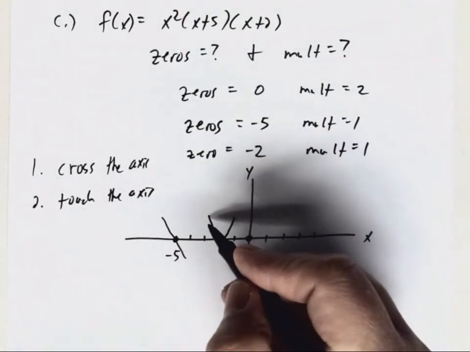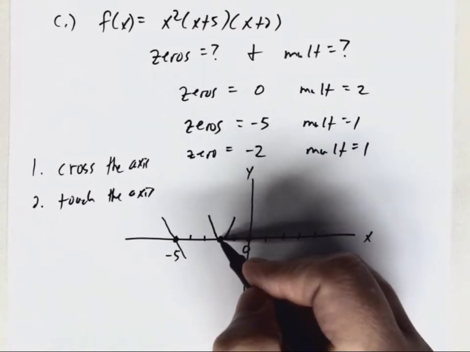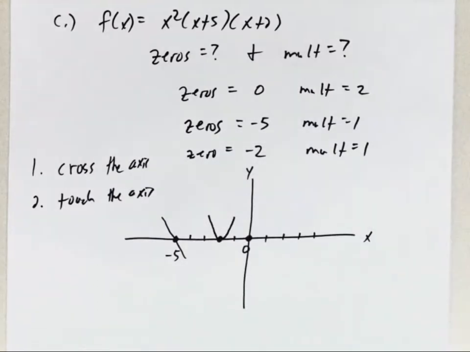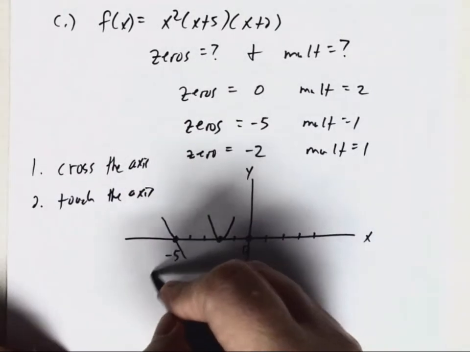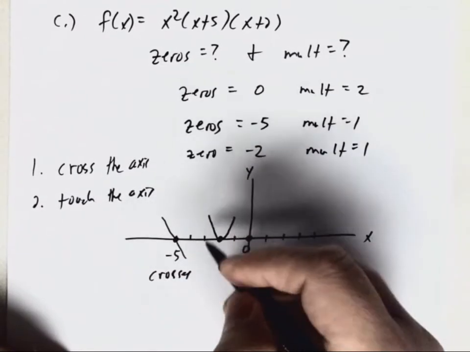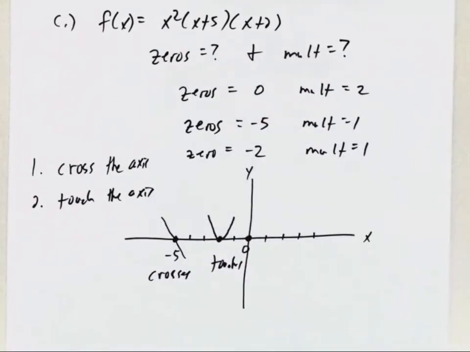This line never actually crosses the axis. It just touches it at that intercept, and then it goes back up where it came from. So this is an example of when the graph crosses the axis, and this is when it touches.